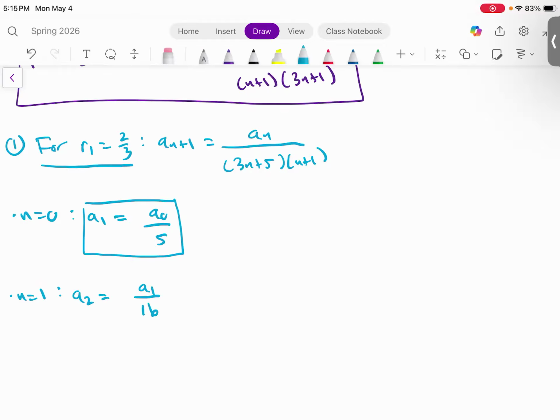If I plug in n equals 1 into there, that's what I get, but I know what a1 is, a naught over 5, so I could substitute that in for a1. So I get a naught over 5 over 16, which is a naught over 80. So that means a2 is a naught over 80.